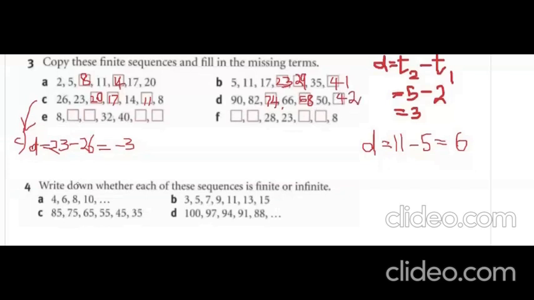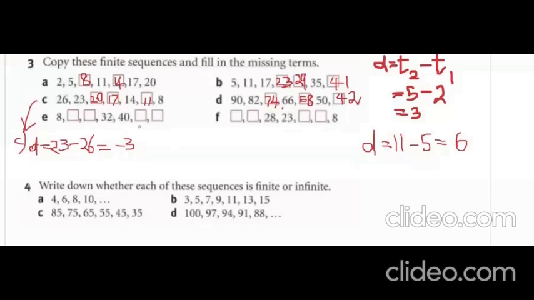We move to the next question. We can find that there are two missing boxes, missing terms of the sequence. So to find these kinds of terms, we need to see whether we have consecutive terms, so that from there we can get the common difference. Here we have the terms 32 and 40 which are consecutive to each other.